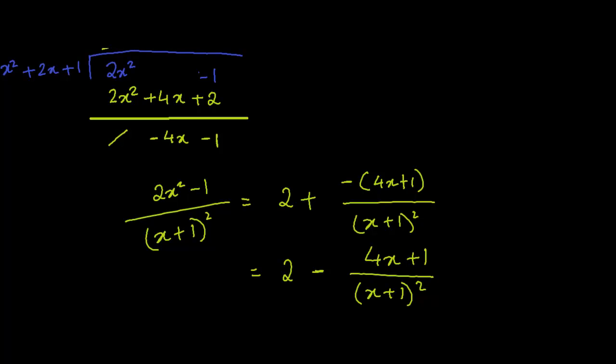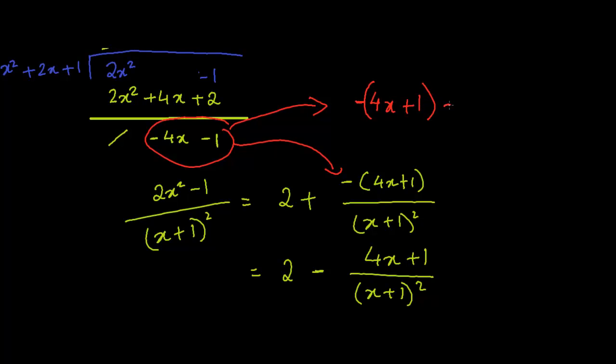Now, some of you might be wondering how we got from here to here. Well, simply negative 4x minus 1 is equal to negative (4x plus 1), which is our term.